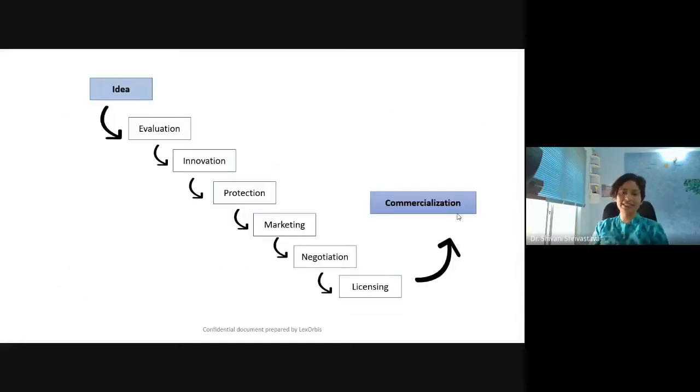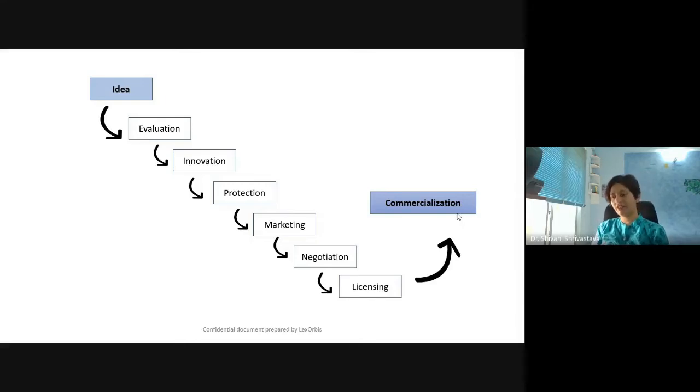So these are the basic steps in technology transfer. Usually it starts with an idea. Then we evaluate the idea to understand whether it is feasible to prepare a prototype, or whether the research findings would help to get a final product, or whether the research results would be positive or not.